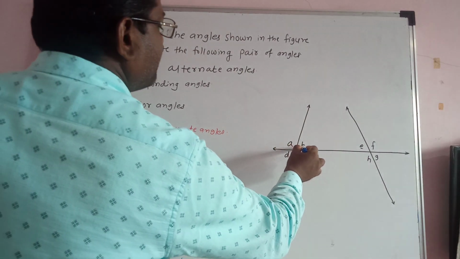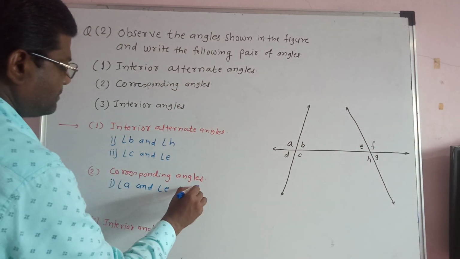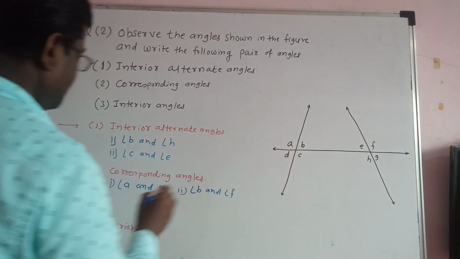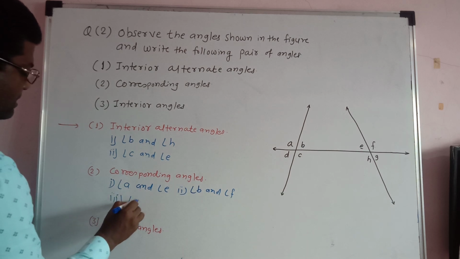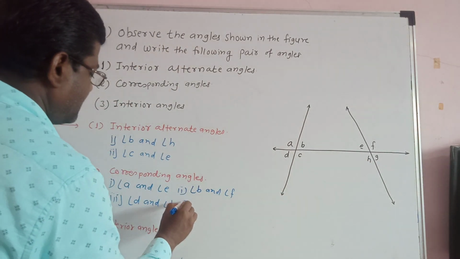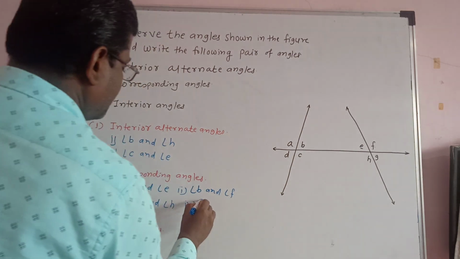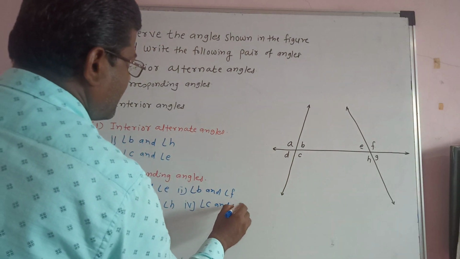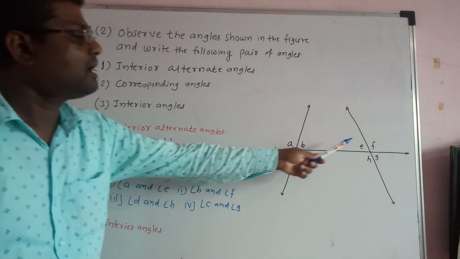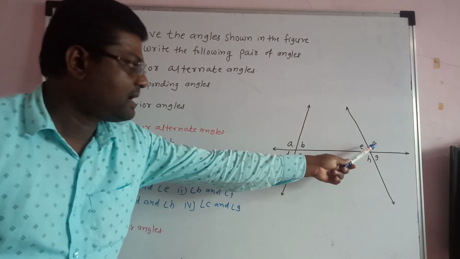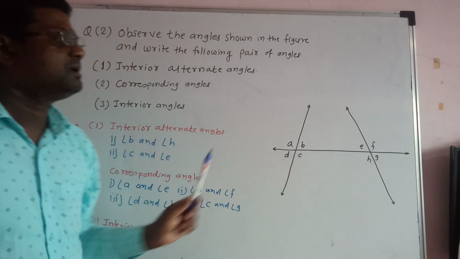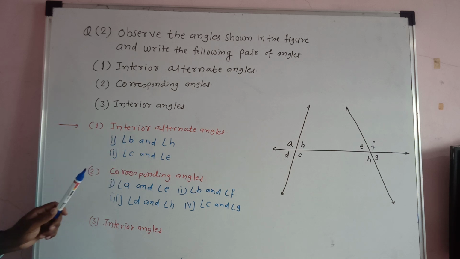Second pair, angle B and angle F. Then number 3, angle D and angle H, and number 4 pair is angle C and angle G. Therefore angle A and angle E, angle B and angle F, angle D and angle H, angle C and angle G are the corresponding angle pairs.